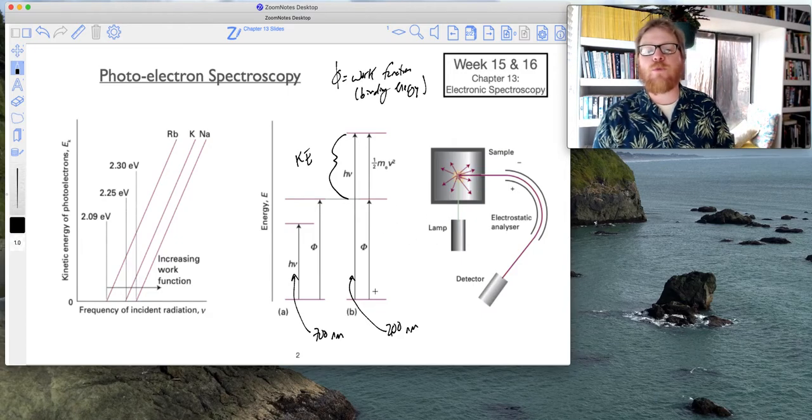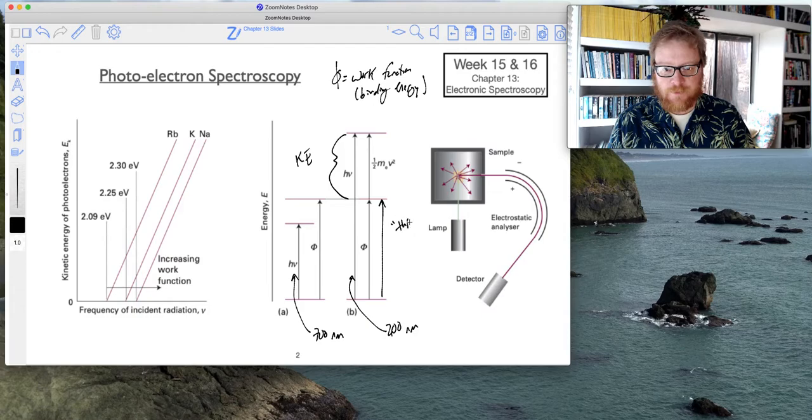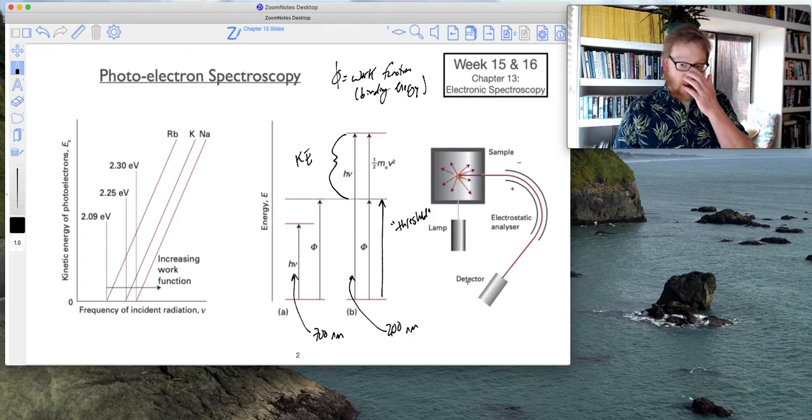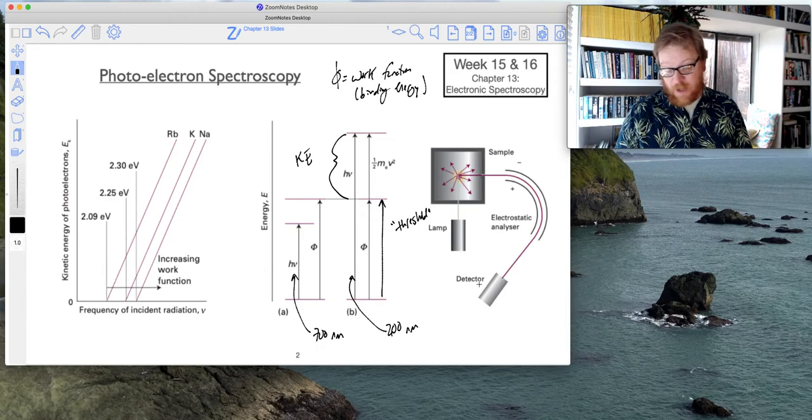Okay? So if we only use an incident radiation source enough to go right at the work function, that's called threshold ionization, and that will not result in the removal of an electron from the surface. But any energy just past that threshold will result in kinetic energy of the electron.